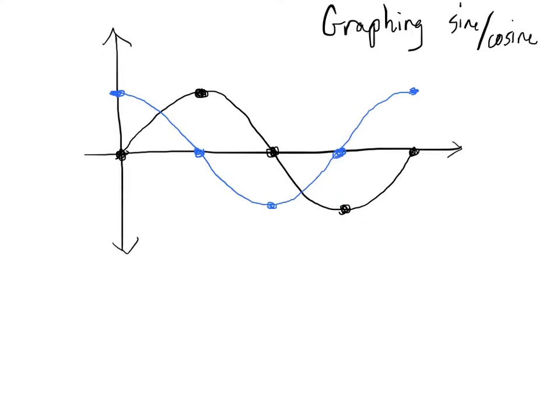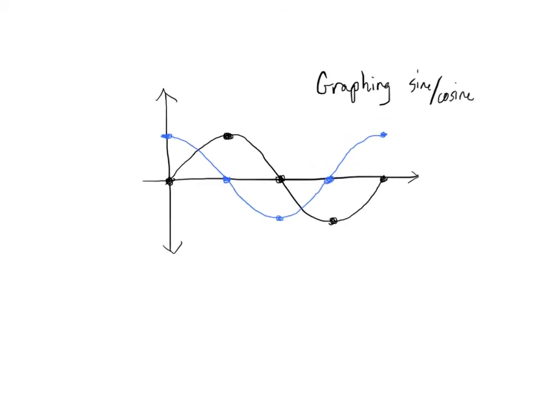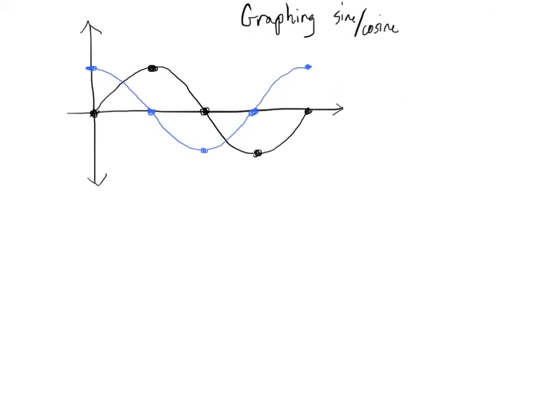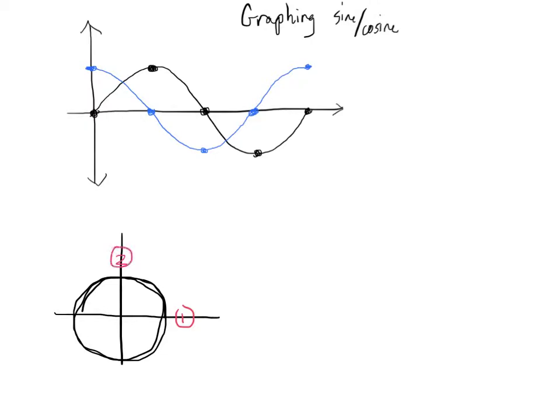All right? Do you remember in the previous video I labeled 1, 2, 3, 4, and 5 on the unit circle? I drew a unit circle, and I said this was 1, this was 2, this was 3, this was 4, and then I said 1 and 5 were the same thing.